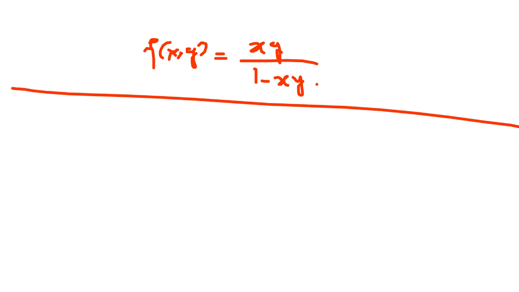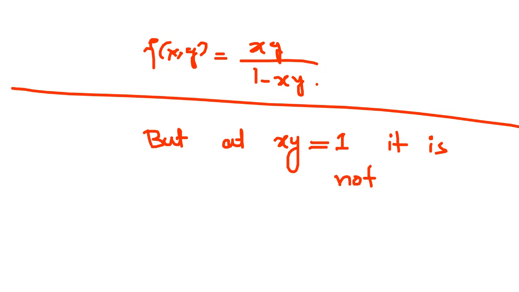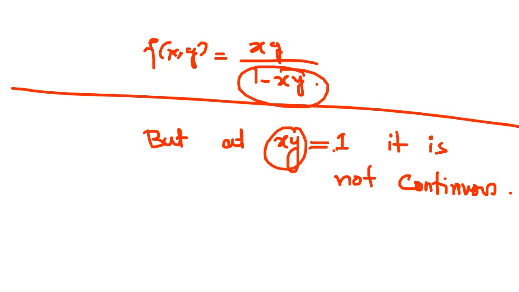Not continuous. At which point? It is continuous, but at xy equal to 1, it is not continuous. Got it? Because when you choose xy equal to 1, the denominator is equal to 0. When the denominator is equal to 0, it is not continuous.